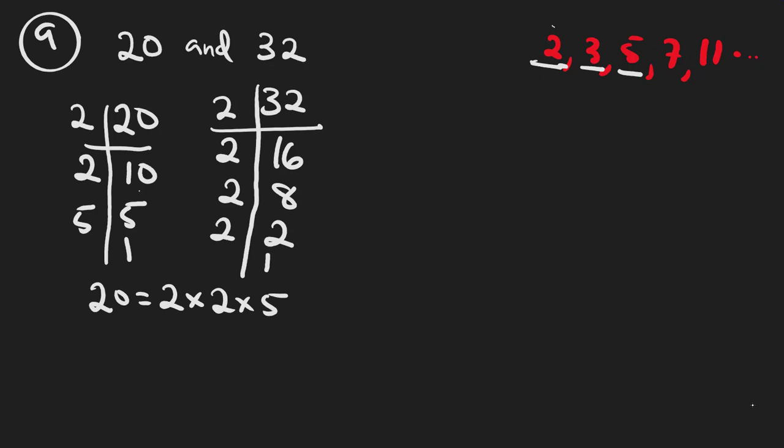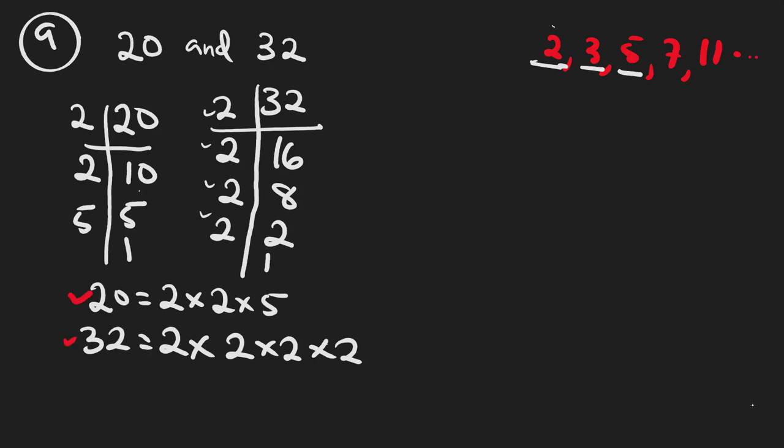So we can now say 32 is equal to, remember, you're going to use these numbers. It's not magic. It's from there. So we have 5 twos. So what is then in common between 20 and 32?